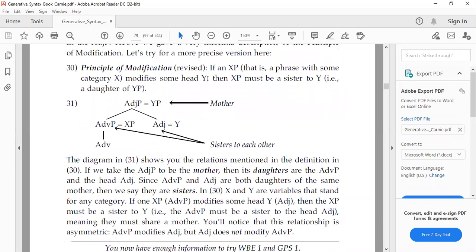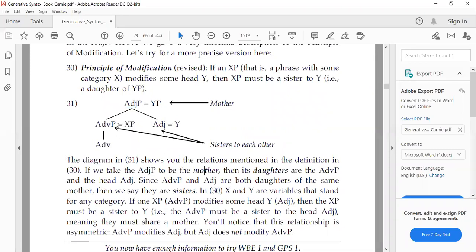The revised principle of modification that we said: this XP must be a sister to Y. So the modifier here, the XP, must be a sister to the head being modified, i.e., both are daughters of the higher YP, let's say, whether it is an AdjP or AdvP or NP or TP and so on.